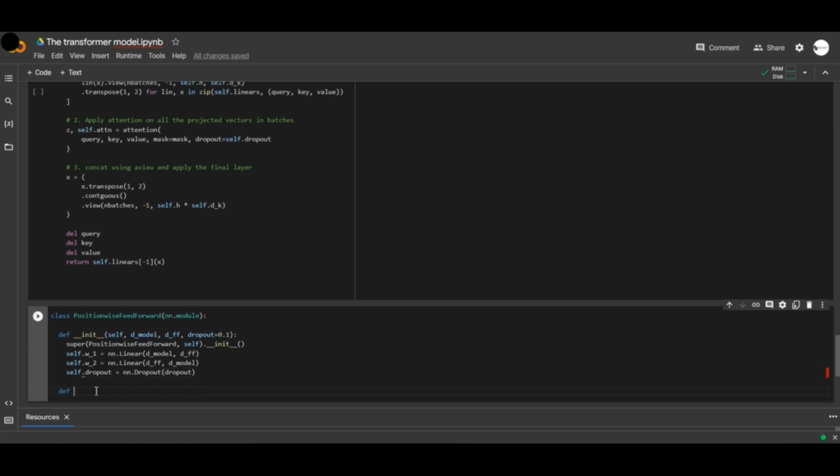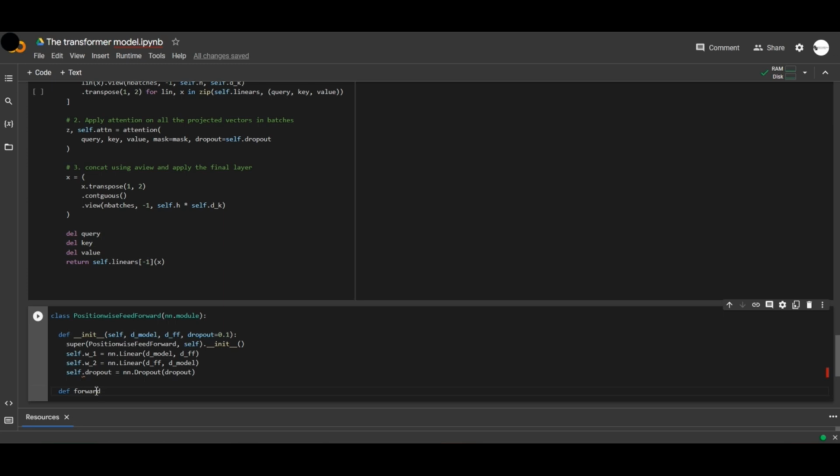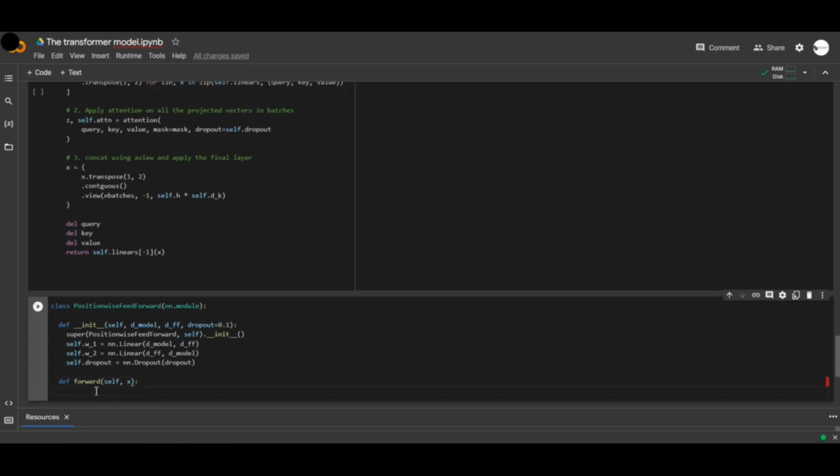So def forward, which we know is going to take in self because we need to use those functions. Then we pass in an x, which is the input. Then we're just going to return. We know the first layer is going to be self dot weight 1, applied to x. Then after that we apply the ReLU activation function.